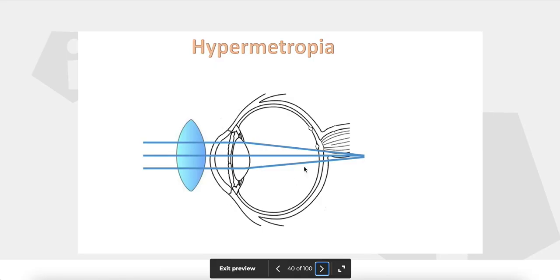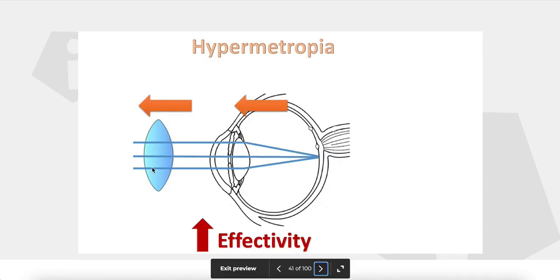So as we put plus lenses, the image moves forward, and if we increase the power, the image will move forward, and if we move the lens itself forward, the image will move forward, making it on the retina, making its effective power increase, or the magnifying effect. That's why the hypermetropic patient tends to move the glasses away from his eye in order to gain a magnifying effect, as this increases the effectivity.